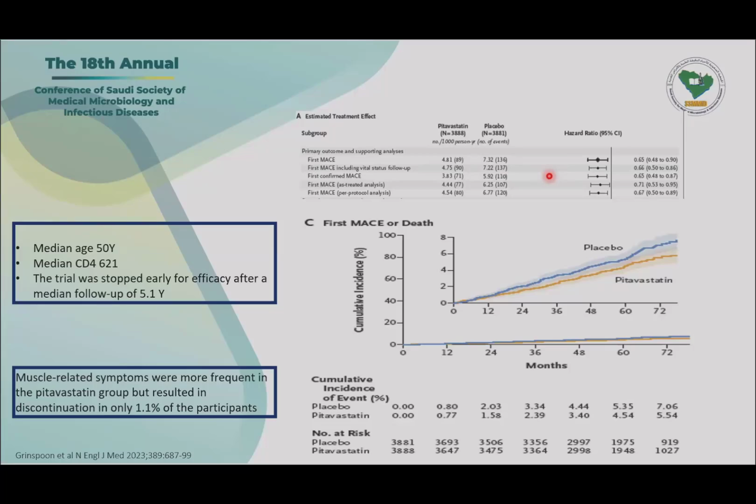The hazard ratio was 0.65, so around 35% reduction of major cardiovascular events for patients receiving statin. Again, with the Kaplan-Meier curve, blue color is representing placebo, orange is pitavastatin. You can see clearly here that for the first major cardiovascular event or death, pitavastatin was associated with a protective effect.